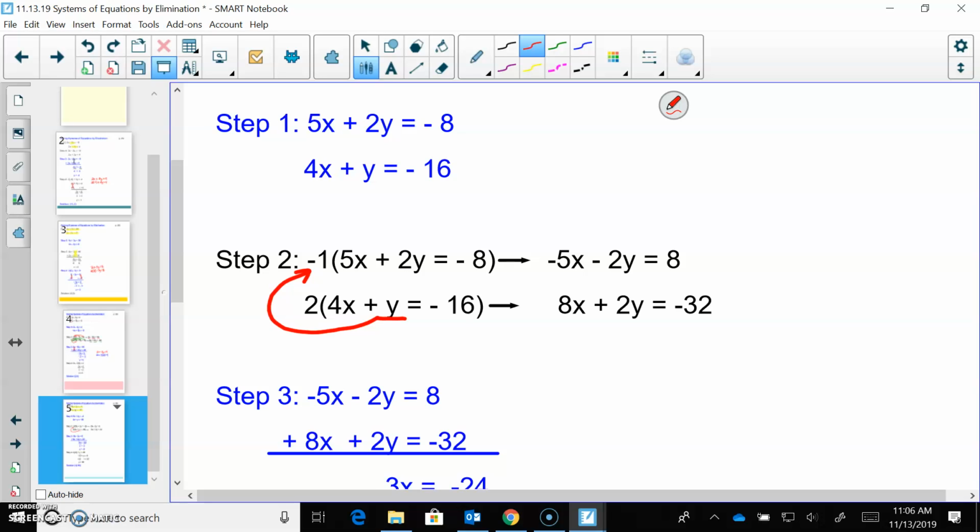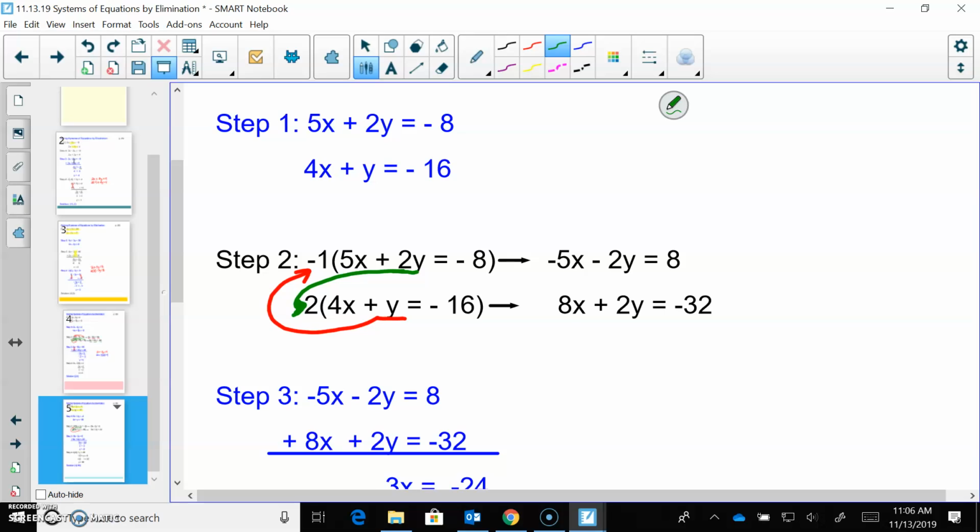You could multiply the bottom one by a negative and the top by a positive, but I just chose to do the top for this example. So because there's a 1 at the bottom, I multiply by a -1 at the top for my y. Because I have a 2 in front of the y at the top, I have to multiply by a 2 at the bottom. So all you're doing is, what's on top, you multiply it by the bottom. What's on bottom in front of the variable you're trying to cancel, you multiply that at the top.